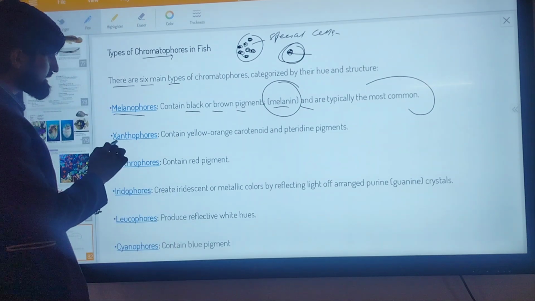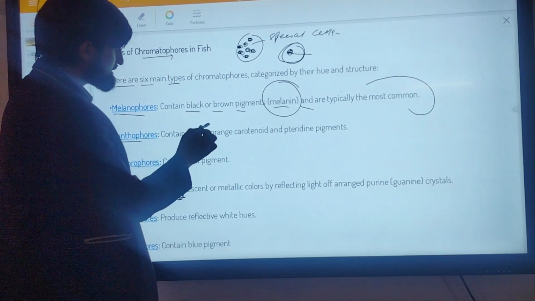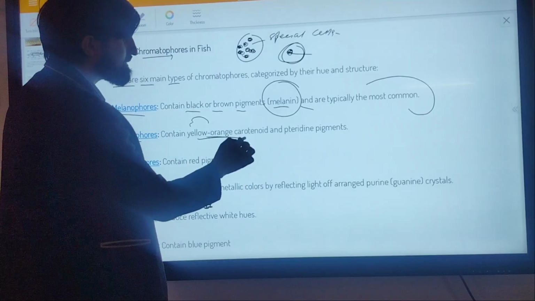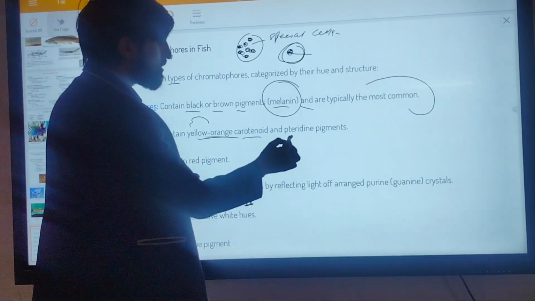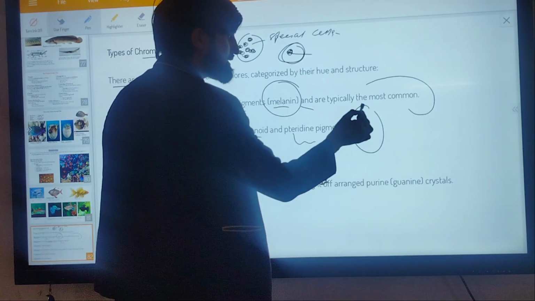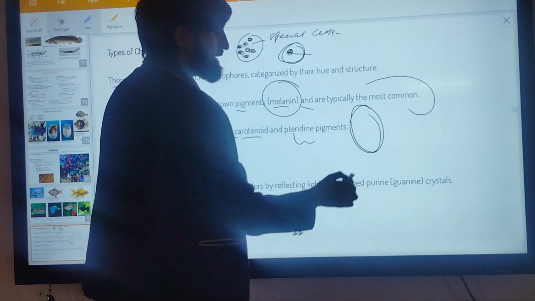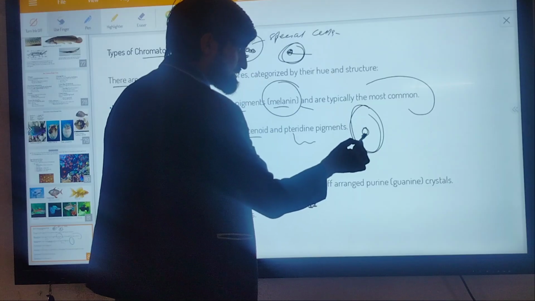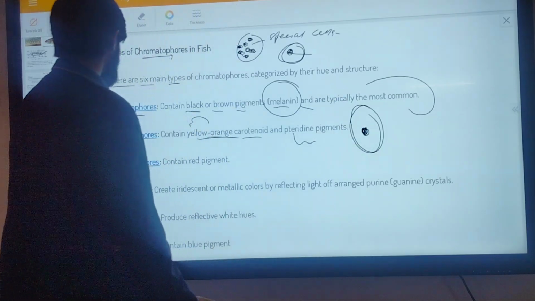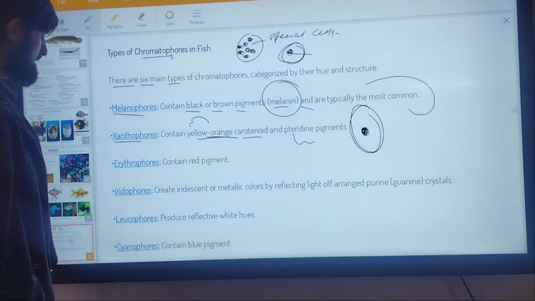The second one is xanthophore, which contains yellow or orange carotenoid pigment, so we call it pteridine pigments, and these are responsible for the yellow color of the fish. A chromatophore that contains yellow pigment, so we call it xanthophores.